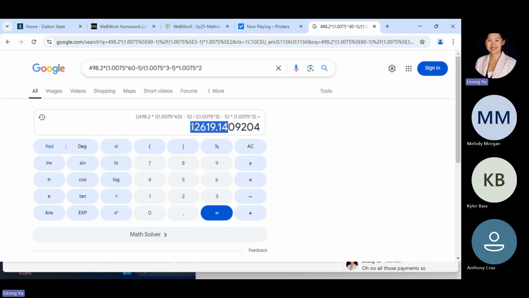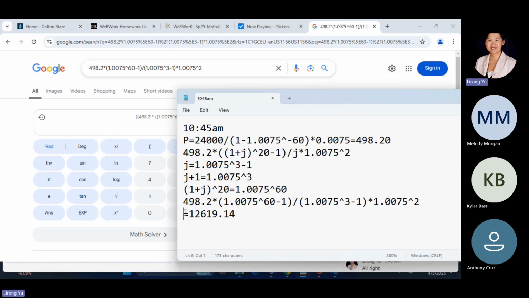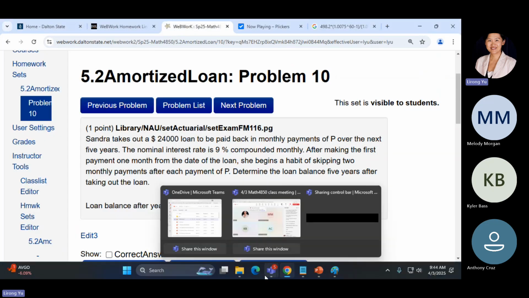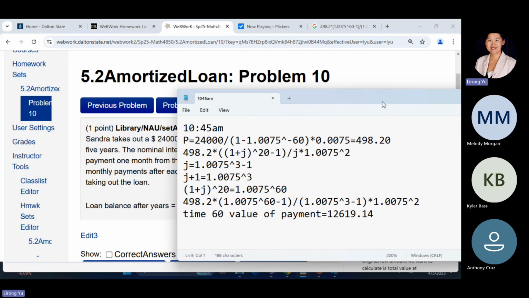So we're gonna take that. That's the payment that she made. All right. So then time 60 months value of payment. And also she owes money. The original loan amount we want to calculate is total value at time 60 as well.